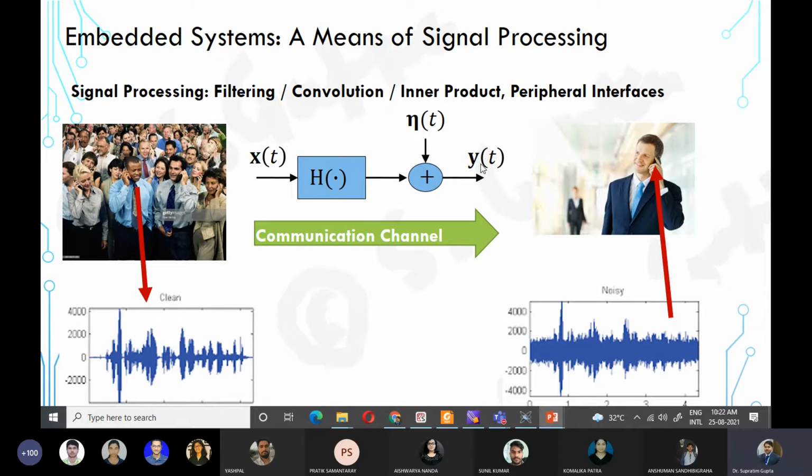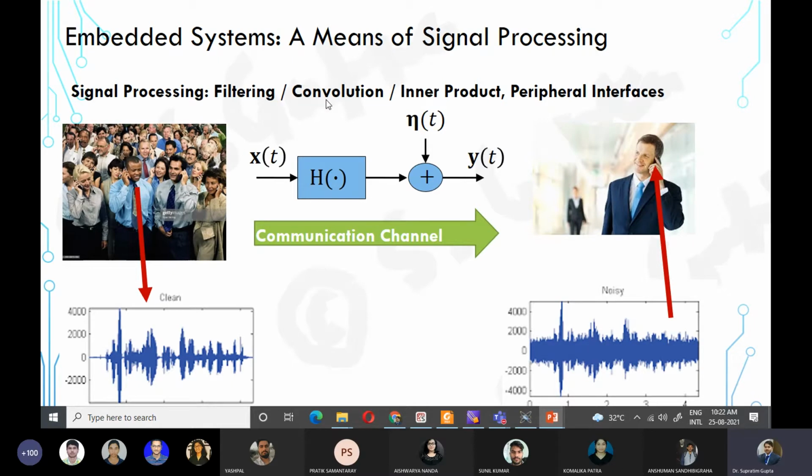So what we want in the signal processing domain is to filter. In engineering we call it filtering, but at the same time, if we go with the mathematical terminology, we call it convolution. So filtering and convolution are the same process.